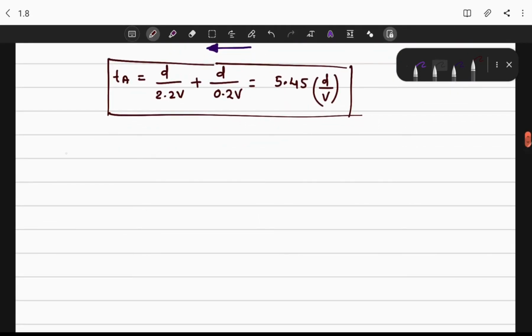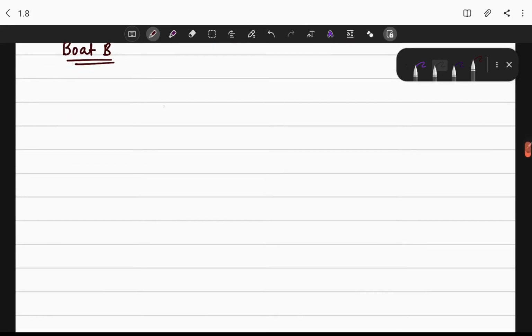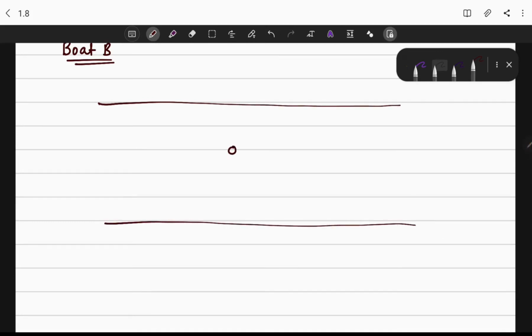Now talking about boat B. So this is the river, and here in the middle the boy is there, and from this particular point the boat has started moving in this particular direction with respect to ground. As we can see, the boat is moving in this direction and the flow has the velocity vf equal to v.